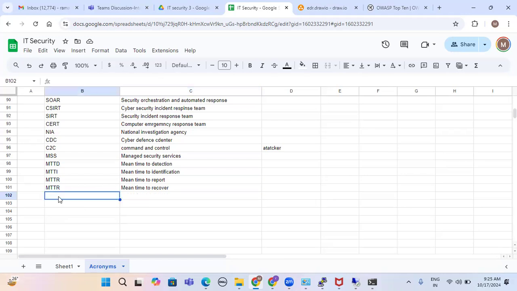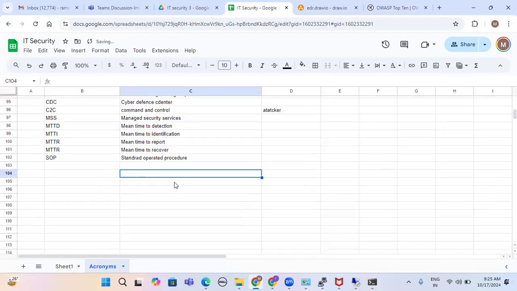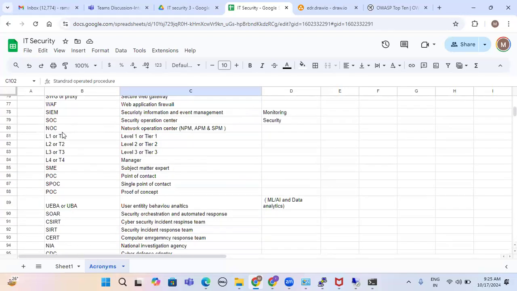Next one is SOP, standard operating procedure documents. Basically, whenever any security incident is triggered, what the L1 team has to do, what the L2 team has to do, and what the L3 team has to do, everything they will document. It's like a template.